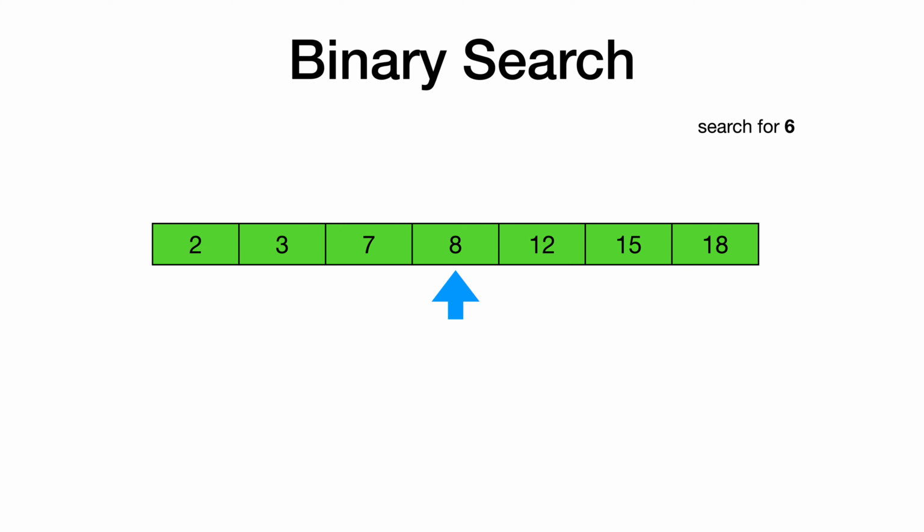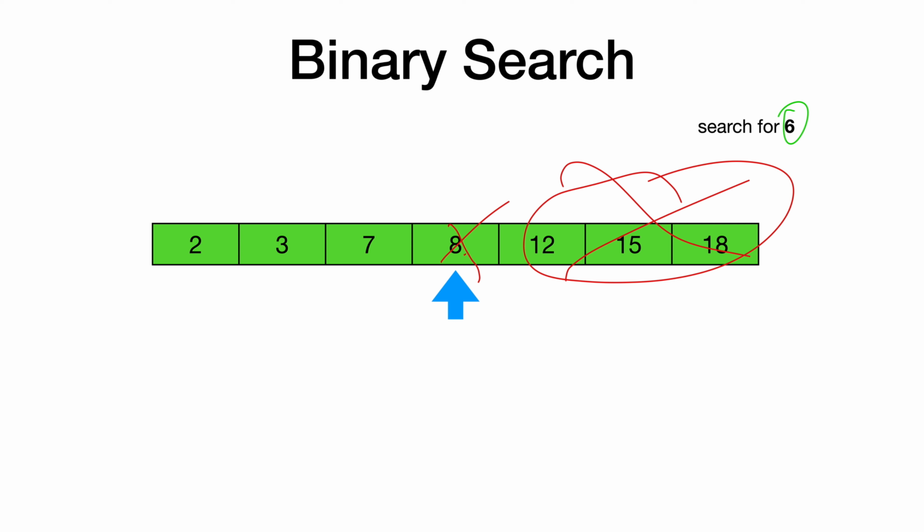So let's try one more time, this time with the number 6. Notice that 6 isn't in the array. So let's see what happens when binary search tries to look for 6. Again, we start here, and it compares 8, and it says, well, 8 is not equal, and 8's bigger, so it can't be on this side.